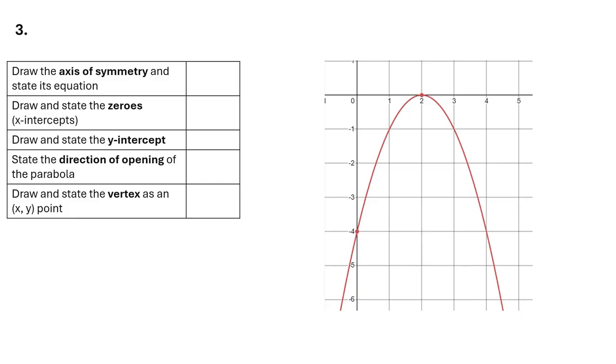Question 3. This time we have a parabola that touches right on the x-axis, but the imaginary middle line is right here. So we can say that x equals 2 is the equation for our axis of symmetry.